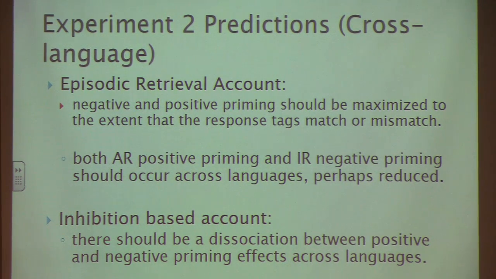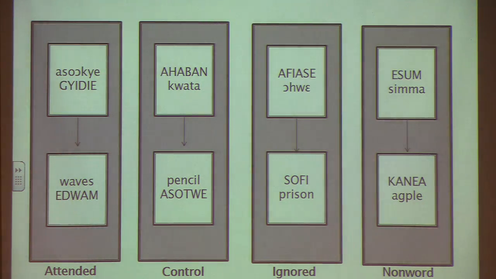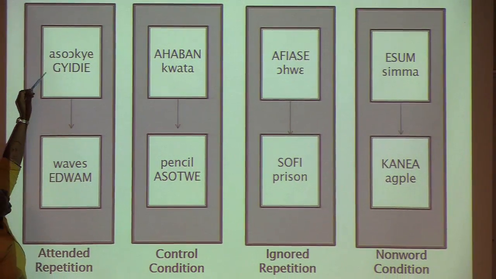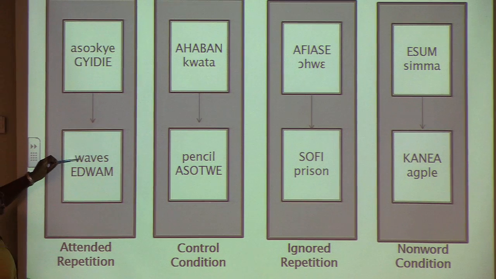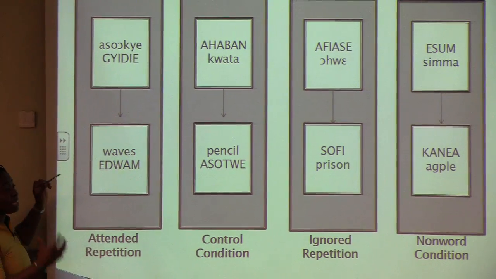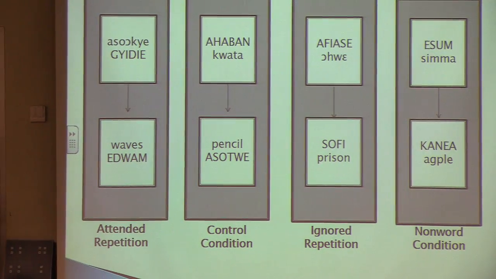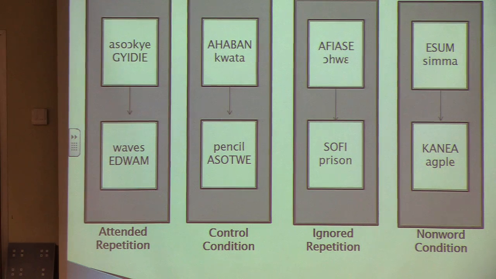Now, the items are saved as episodes in memory. Let me show the example. If this word here becomes the next word here, it will still get a response tag because they are the same. And I mentioned earlier that they are the same at the conceptual level.